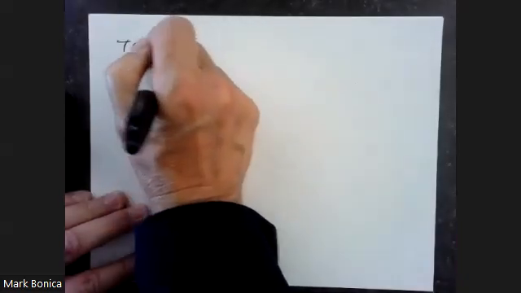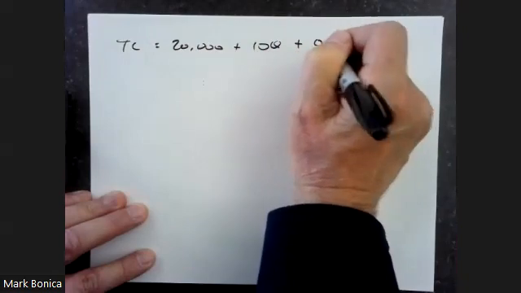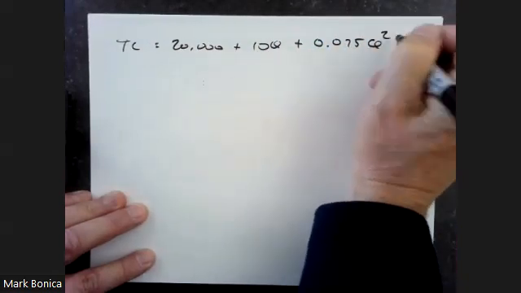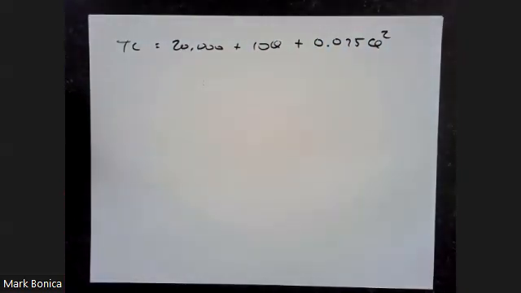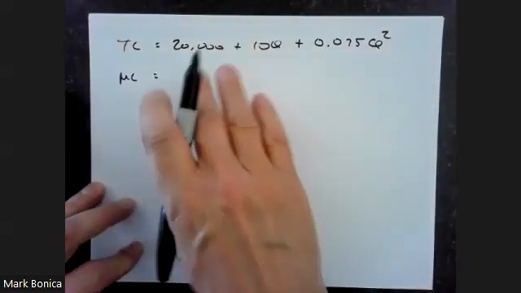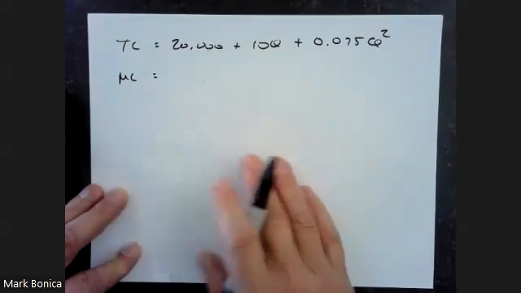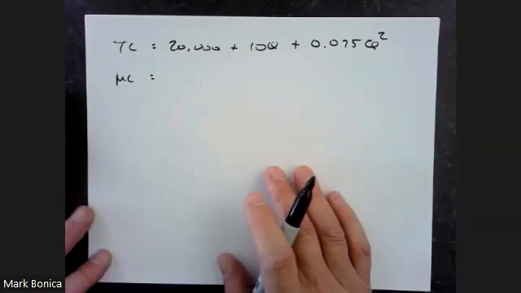We have total cost equals 20,000 plus 10Q plus 0.075 Q squared. All right. What's the marginal cost? Well, we have 20,000 sitting by itself. It's a constant. It has no variable associated with it. So it goes to 0.